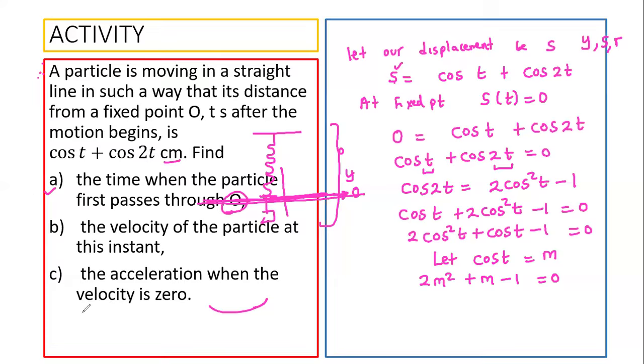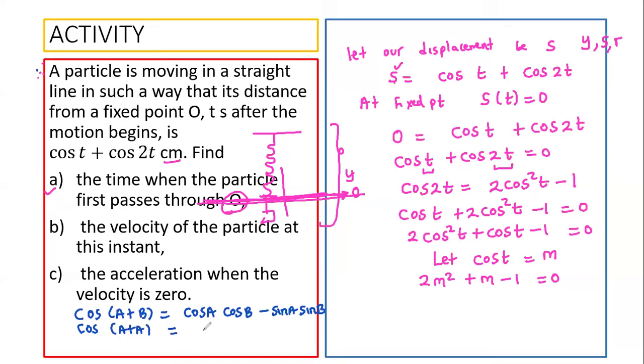Okay, can you first remind me, Edith, when I have cos of A plus B, when you expand, what do you get? Cos A cos B minus sin A sin B. You are correct. What about when I have cos of A plus A?